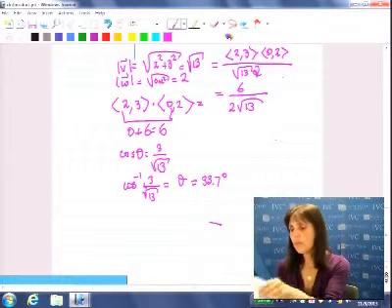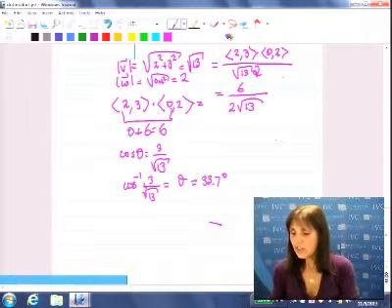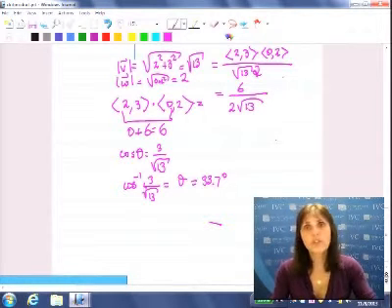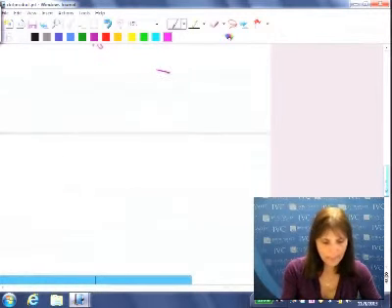Another application might be the scalar projection of a vector onto another vector. So let's look at that. What does that mean?